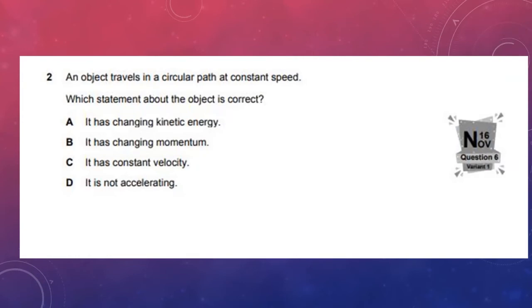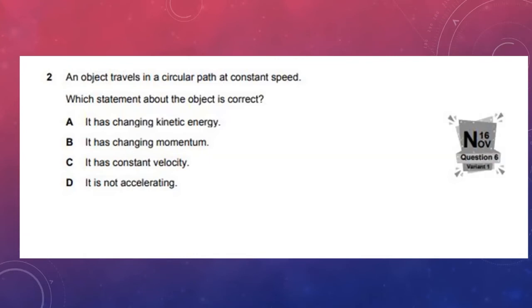Changing momentum. Why? At first, let me explain each choice and why we choose the answer B. Number one, the answer says it has a changing kinetic energy. How come it has a changing kinetic energy?